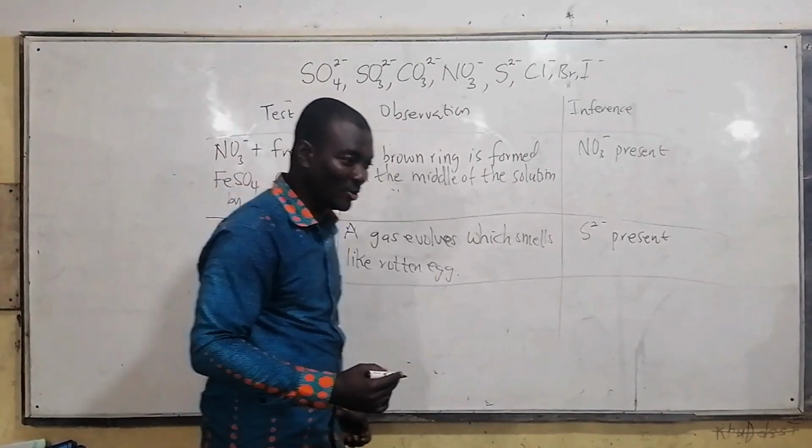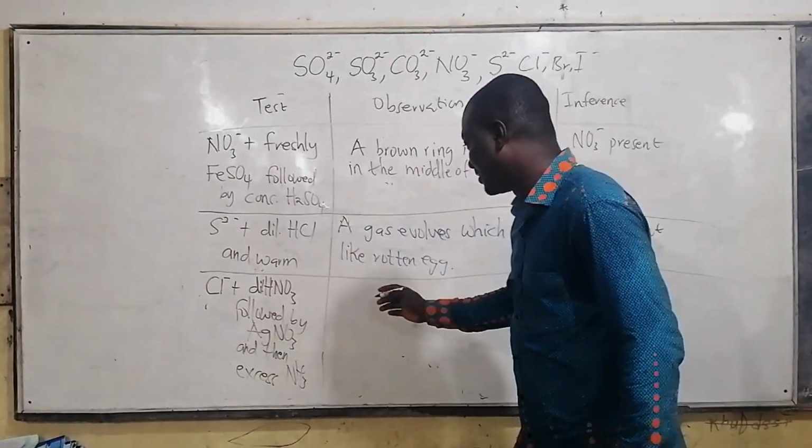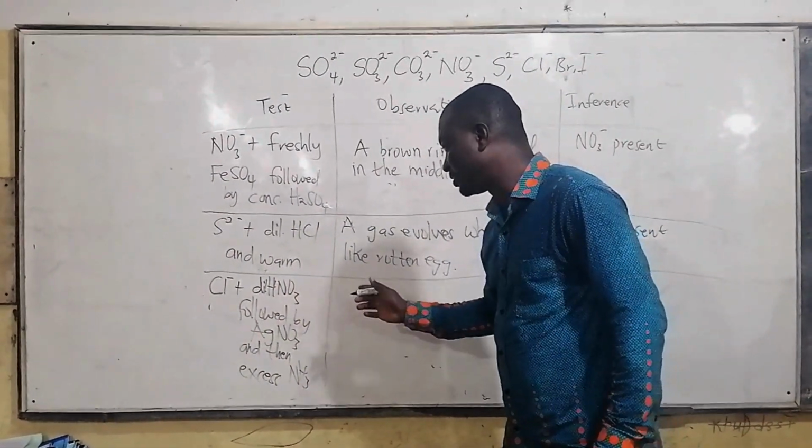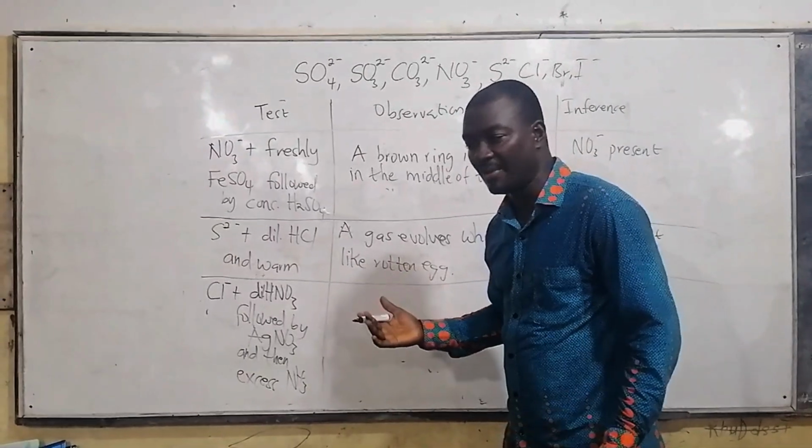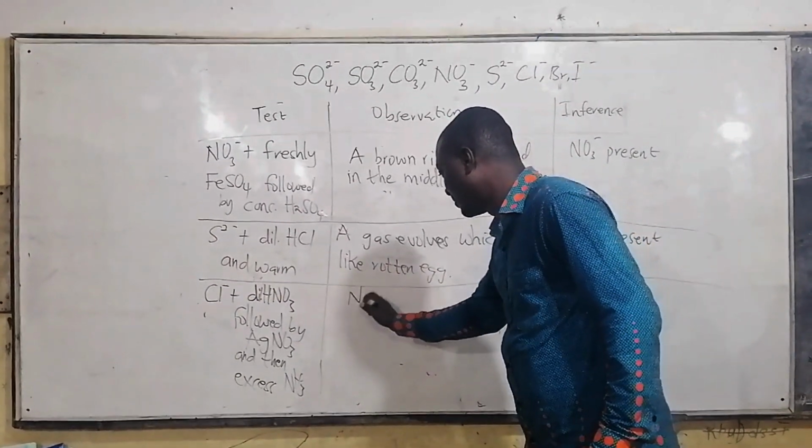When you add the dilute HNO3, you are not going to observe any precipitate.